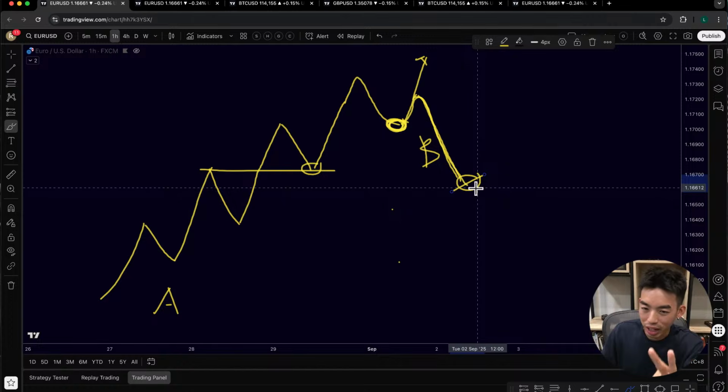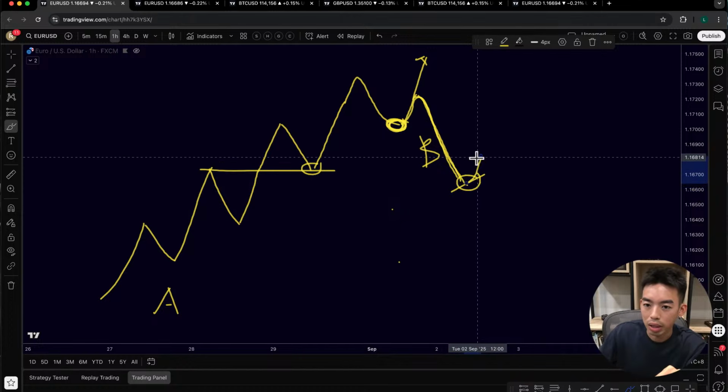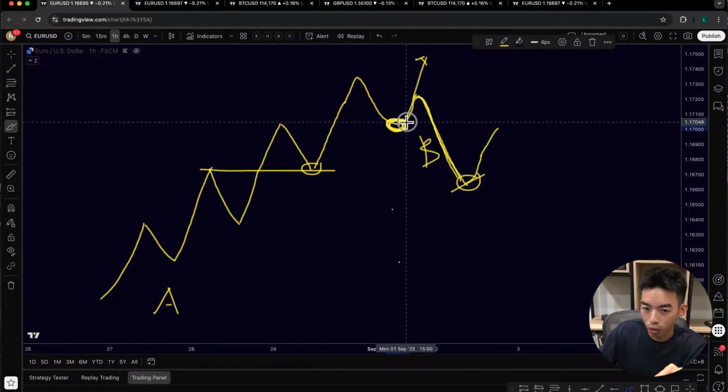Option number three, anyone who is trapped, the smart thing to do here is to reduce their loss. How does one reduce their loss? They would wait for price to come back up into this area, the same price they once bought before.